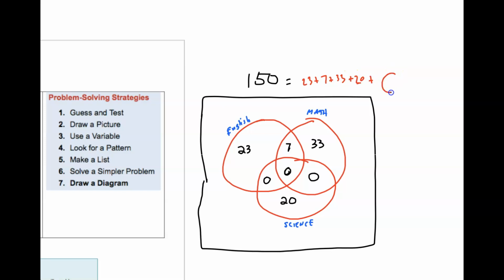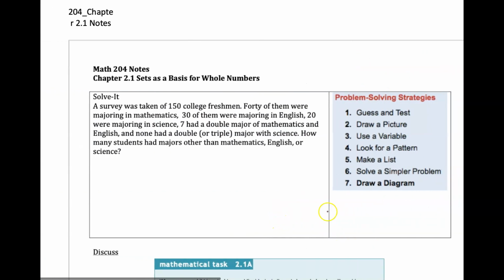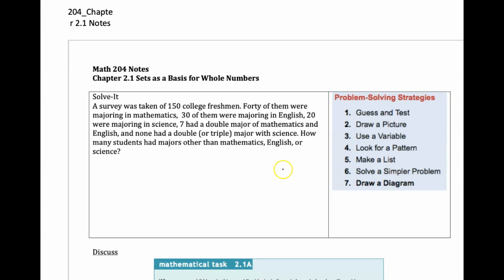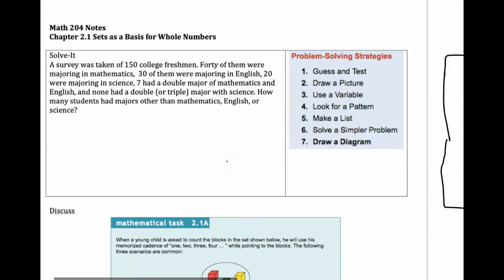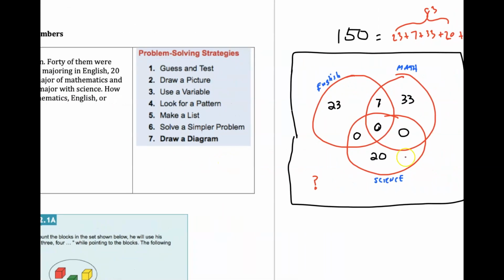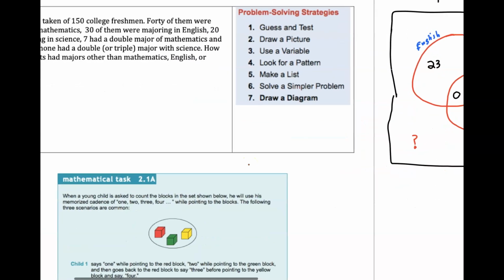We're missing a number here, and that's how many are outside. Out of all of these right here, that's 20, 30, 63, 73, 83, that leaves us with 67 people who are outside of those circles, and that's how many are not majoring in those. That's how a diagram would be used to solve it. It organizes our thinking, but we'll talk about that.